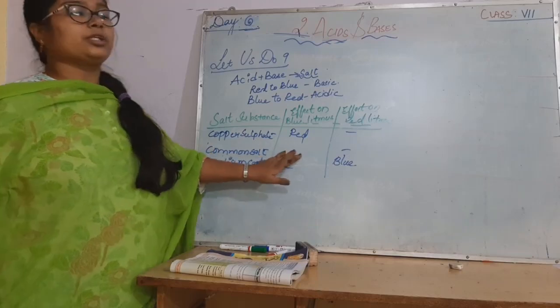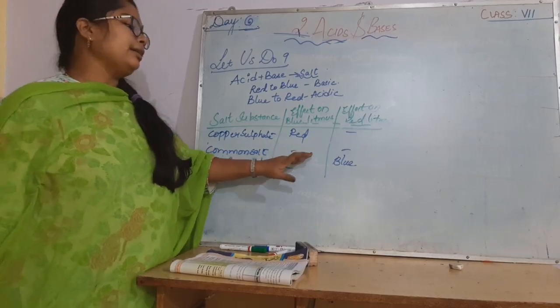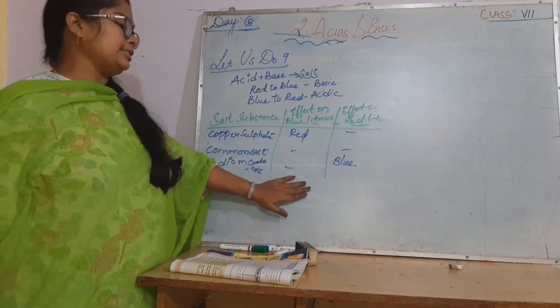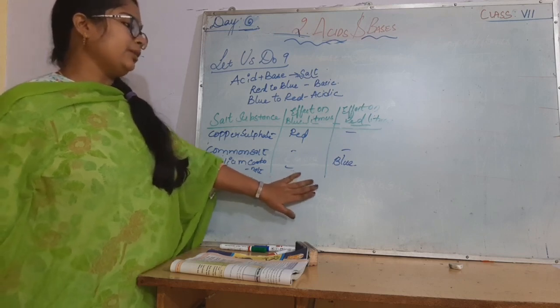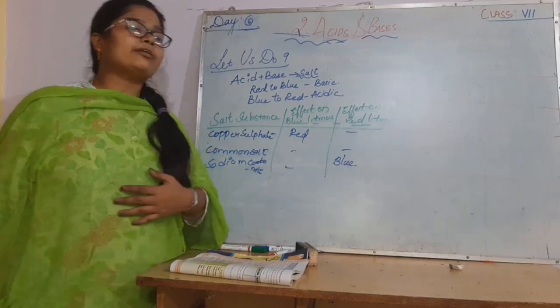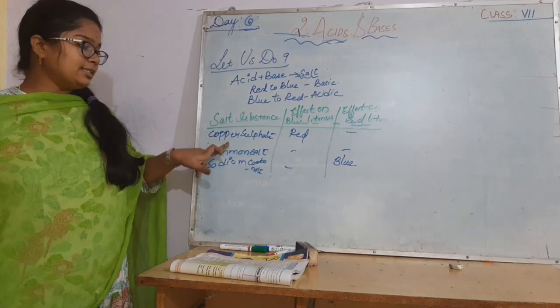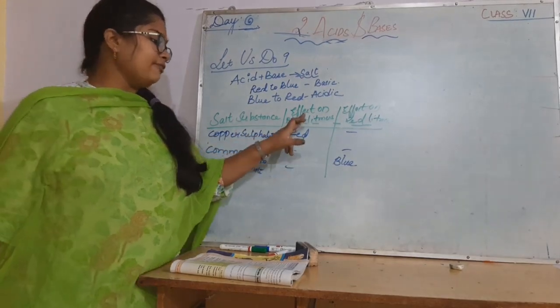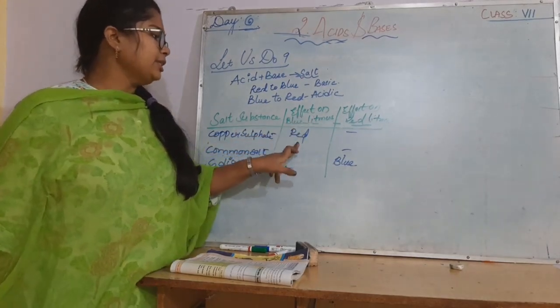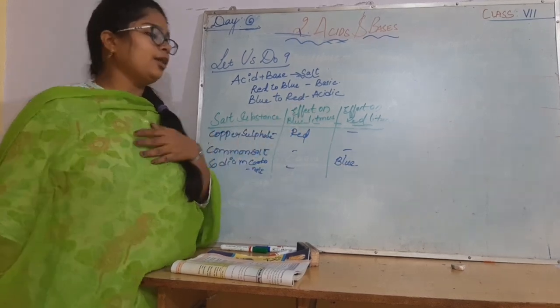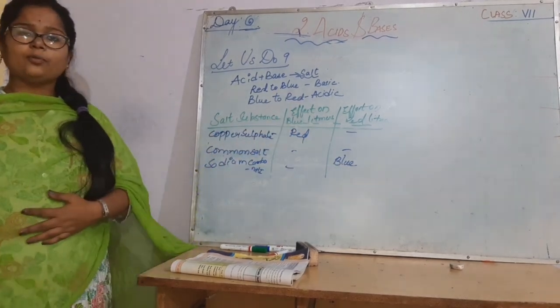Common salt is neutral, it does not change blue or red litmus paper. Sodium carbonate does not have any effect on blue litmus, but it changes red litmus paper. So copper sulfate, blue litmus to red, means it is acidic in nature. Sodium carbonate is a basic salt. Got it? I hope you got it.